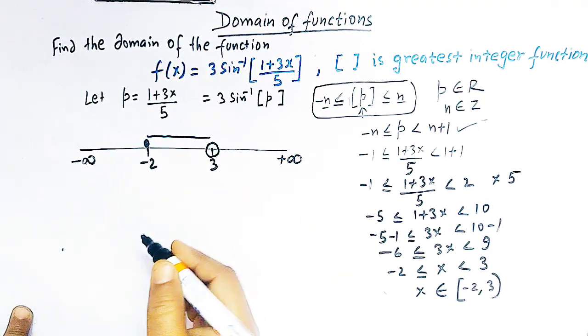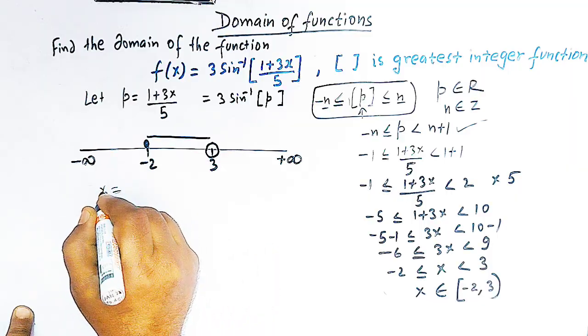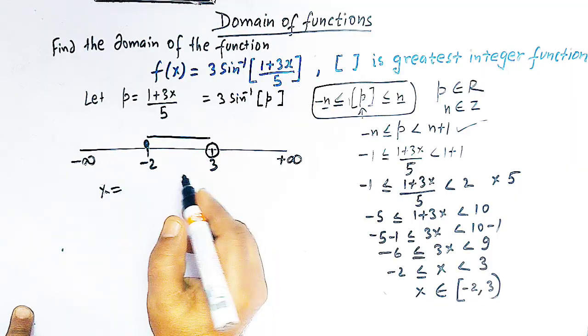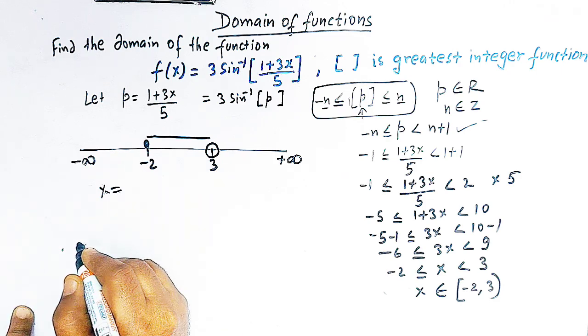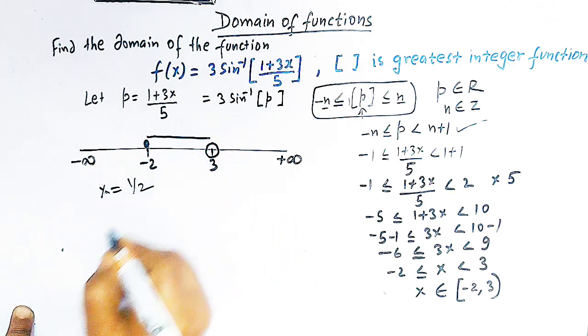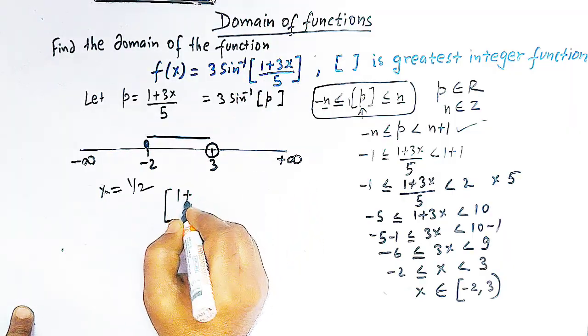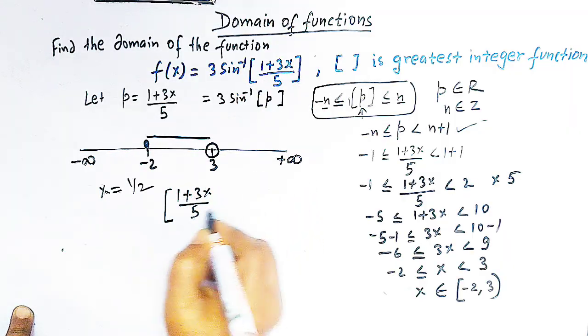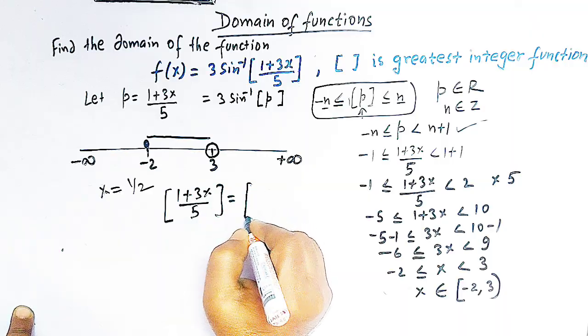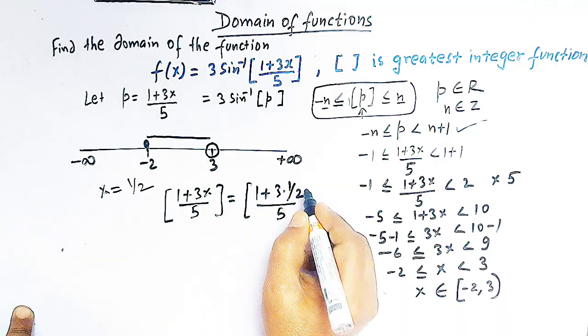So now let us take one more value. Here we can take a value of x which lies between minus 2 and 3, and let us take x is equal to, say, half, right? Then greatest integer of (1 plus 3x) over 5 gives us (1 plus 3 times half) over 5.